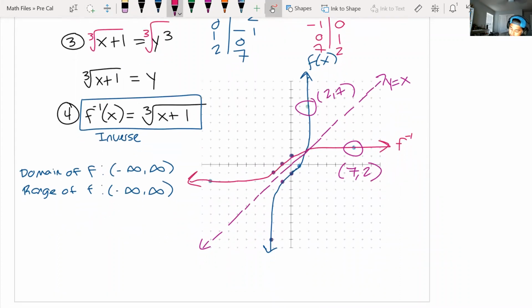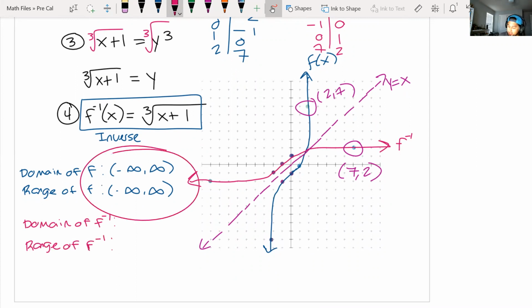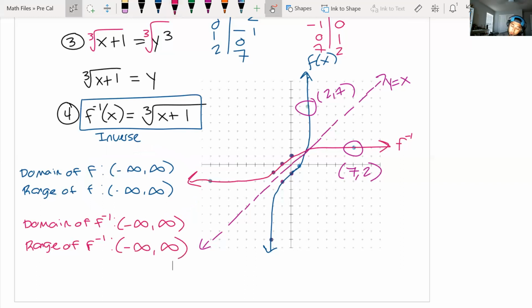Which means if you were to find the domain and range of the inverse, well, this one's kind of too easy. All you would do is take the domain and range of the original function and swap them. But since they're the same, you're going to get the exact same values for your domain and range, which is reflected on the graph to the right.